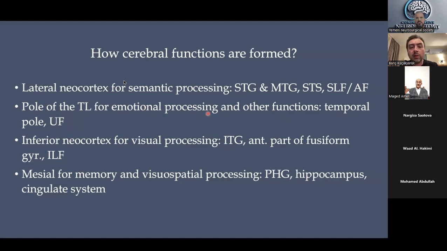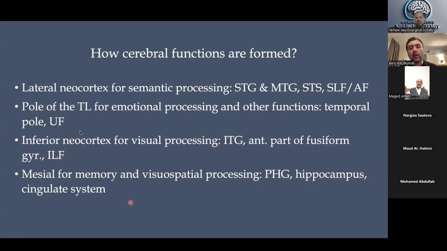When we go further, we'll see the inferior neocortex of the temporal lobe, which helps with visual processing, which is held at the inferior temporal gyrus and anterior part of the fusiform gyrus, but connects these areas with the occipital lobe with the inferior longitudinal fasciculus. Again, two cortical areas, inferior temporal and fusiform gyrus, connecting with the occipital lobe with the inferior longitudinal fascicle.